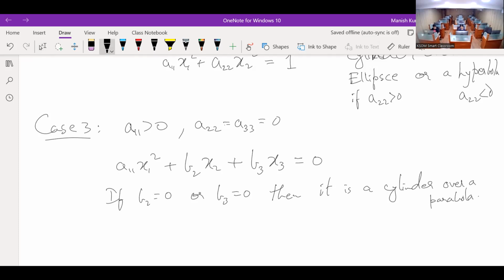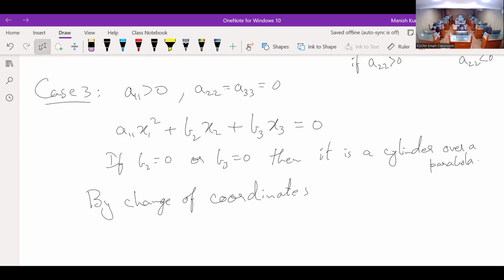So by change of coordinates, this becomes A11 x1 square plus b x2, and x3 could be anything.